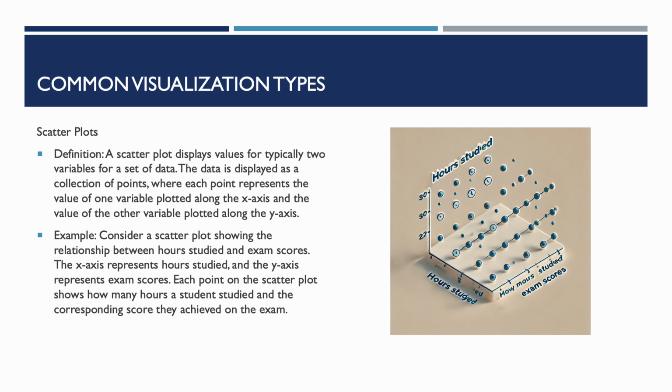So here is a scatter plot showing the relationship between hours studied and exam scores. The x-axis represents hours studied and the y-axis represents exam scores. Each point on the scatter plot shows how many hours a student studied and the corresponding score they achieved on the exam.